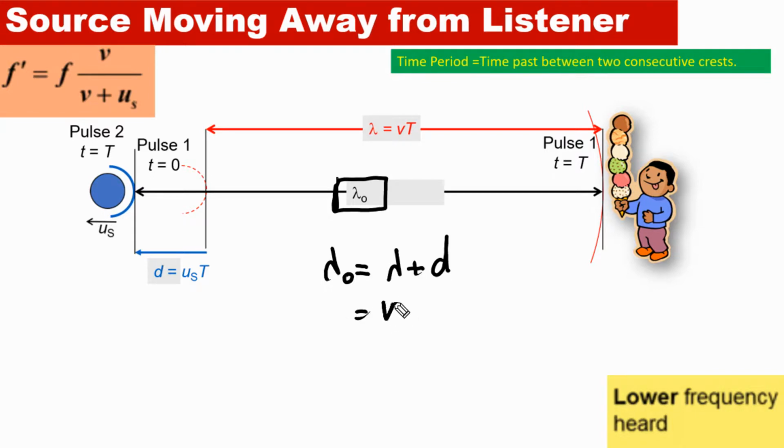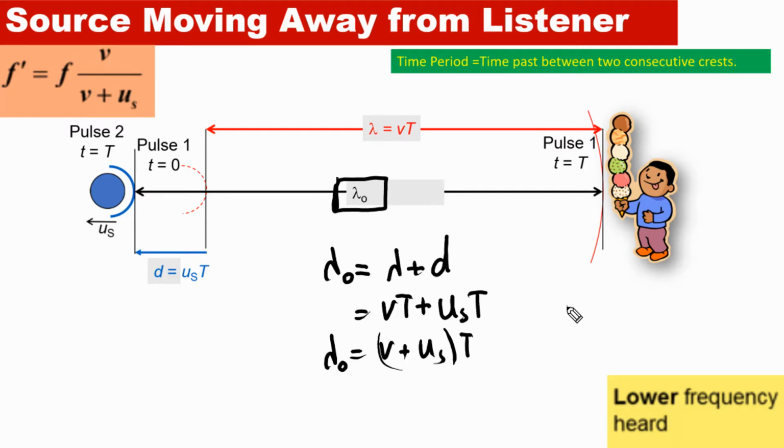Lambda in this case is equal to vT, and the distance traveled by the source is equal to u_s T. We can simplify this by taking T common. If the time period, the speed of the source and the speed of the wave are given, this is how you can calculate lambda observed by the observer.